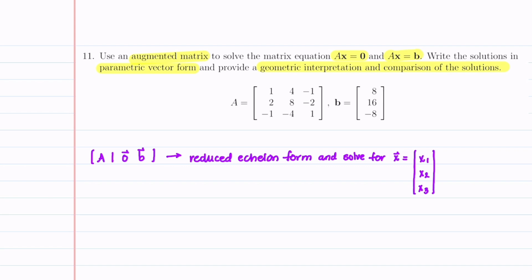What I wrote down in purple is how we can get started on solving this. We're going to take matrix A and augment it on the right by 0 and b. The reason is we want to solve both of these equations at the same time so we don't have to do repeated row reduction.